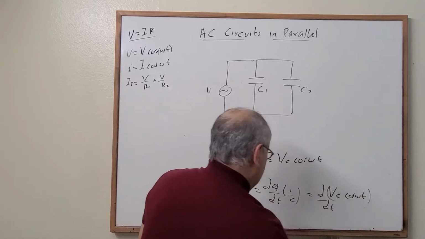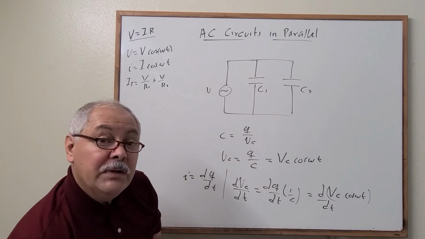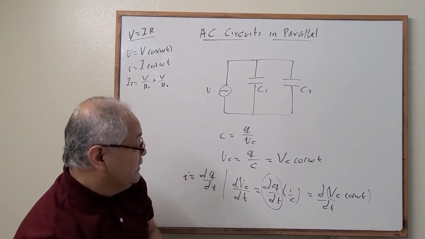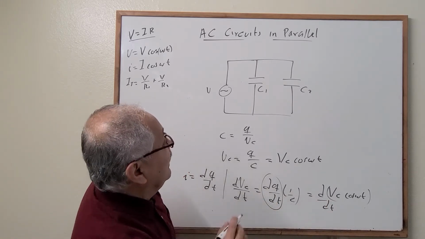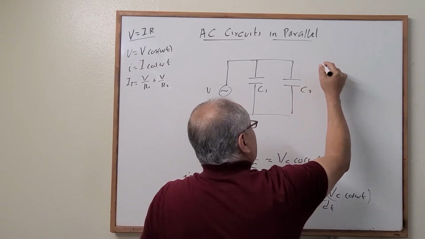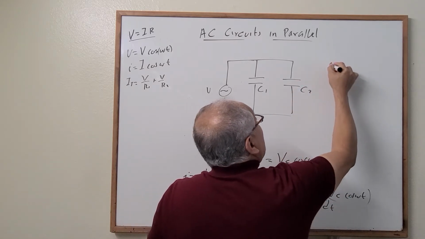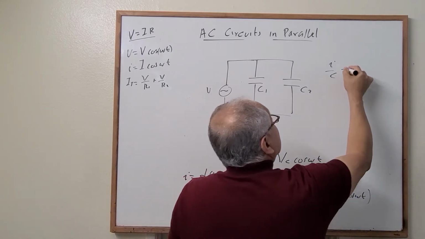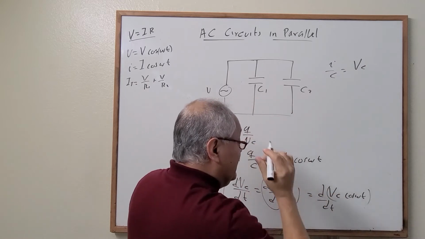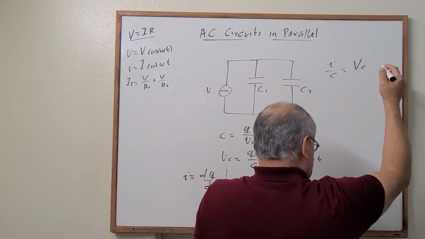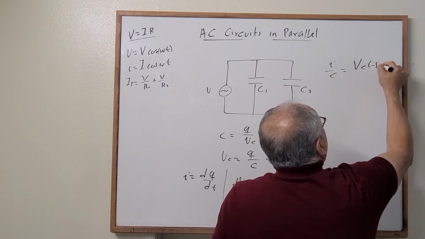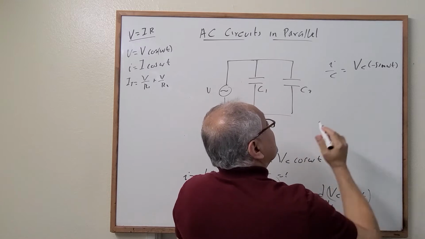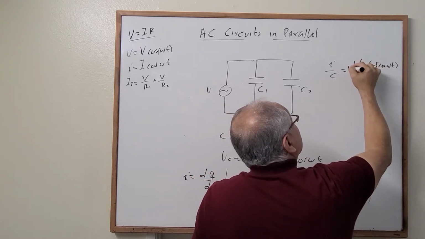Perfect. Now let's do it. We already found that this quantity is going to be I, the instantaneous current. Now let's differentiate this quantity, and what do we have? Well, I over C is equal to V_C times negative sine omega t, times omega.